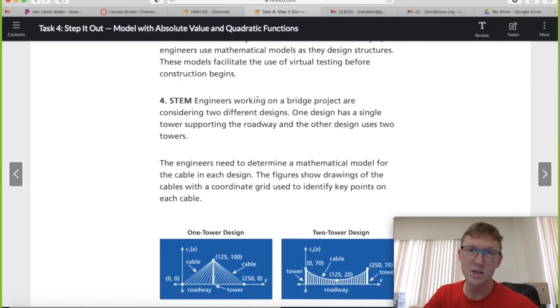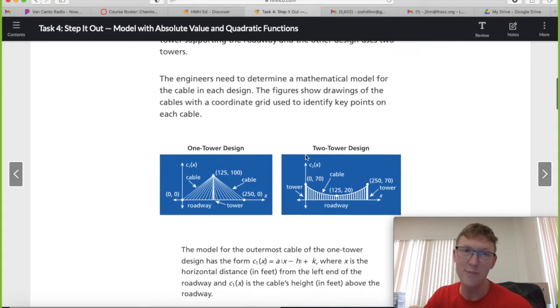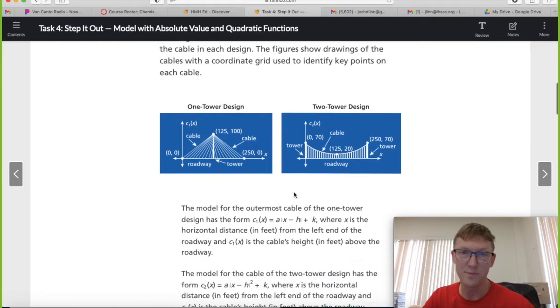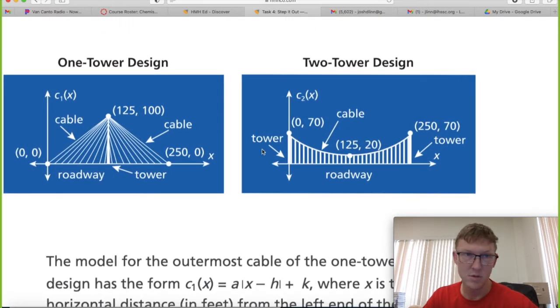Engineers working on bridge projects are considering 2 different designs. One design has a single tower supporting the roadway. The other design uses 2 towers. The engineers need to determine a mathematical model for the cable in each design. The figure shows drawings of cables with the coordinate grids used to identify key points on each cable. So I'm just looking these over.